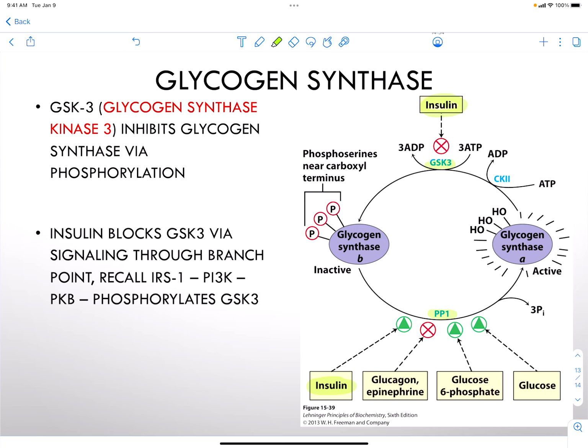So glycogen synthase is inactivated when it has phosphates added to it. The phosphatase here will release that, will dephosphorylate and activate your synthase. Your glycogen synthase kinase 3 will add phosphates and inactivate your glycogen synthase. So glycogen synthase kinase 3 is the kinase that will work opposite of your protein phosphatase 1.